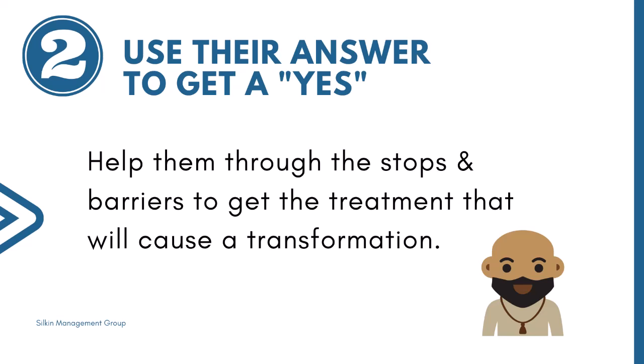This is really where ethical sales comes in, because these systems that we teach here at Silkin only work when you're actually pushing best medicine. If what you're trying to push on the person is not in their best interests, this probably isn't going to work. But if you just listen and use whatever comes out of their mouth to help them make the right choice for them, you're going to find it much easier and smoother and more comfortable in your heart and in your head to help them overcome that objection.